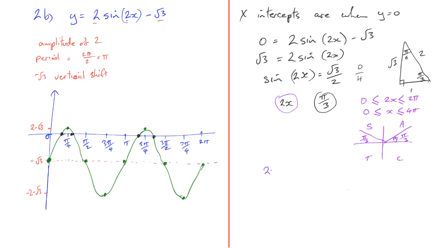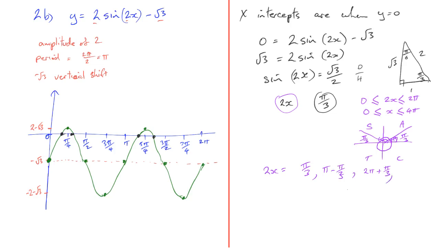And so 2x will equal pi on 3. The next one is pi minus pi on 3, which is of course 2 pi on 3. Then we have to loop all the way around and up that little bit. So it's 2 pi plus pi on 3.